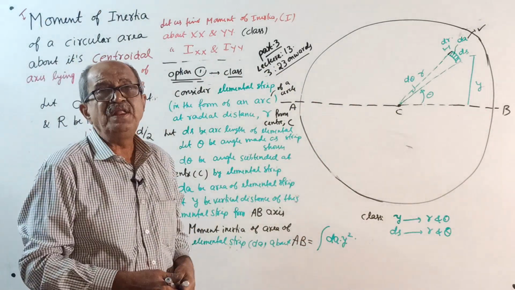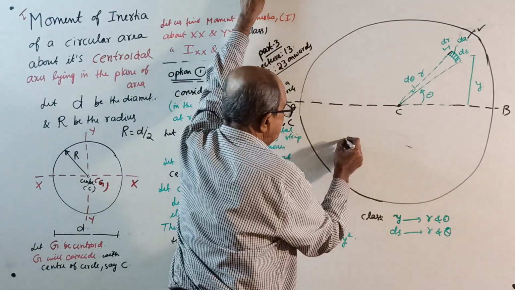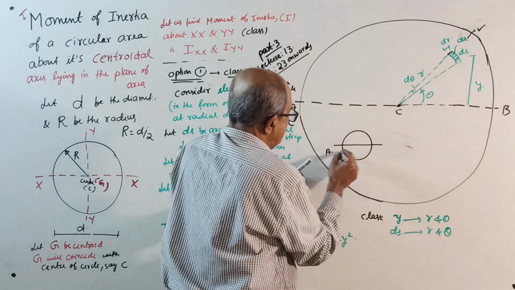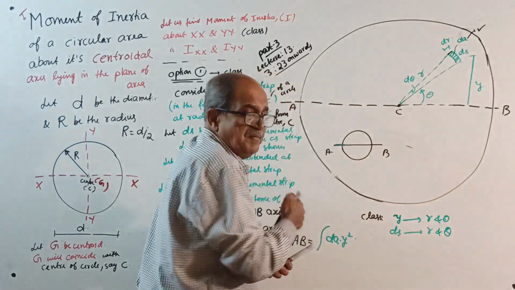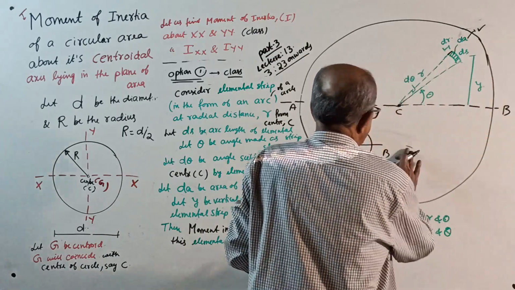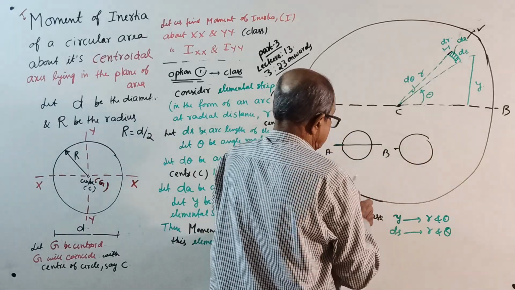But it is not XX for a semicircle or quadrant, because if it is a circle, what you called AB here itself is XX. That itself is the XX axis.